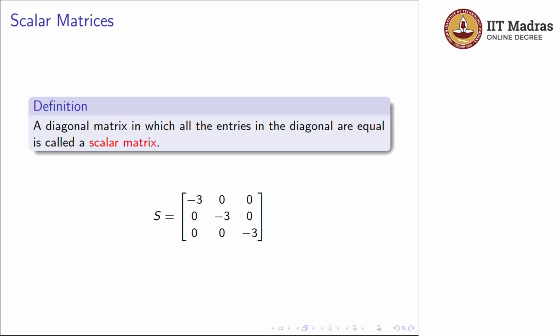They're all equal, so this is an example of a scalar matrix. Why is this a scalar matrix? We'll see later that this behaves like -3. This matrix, in our mind, we should think of as -3. Again, just to jog your memory, what is the order of this matrix, meaning the number of rows and columns? This is a 3x3 matrix.